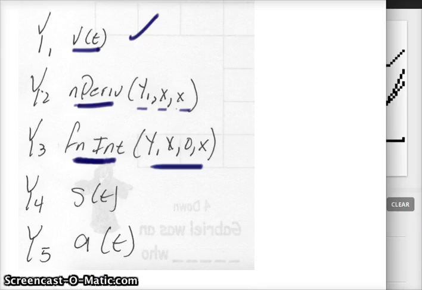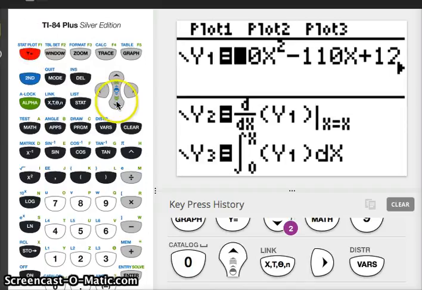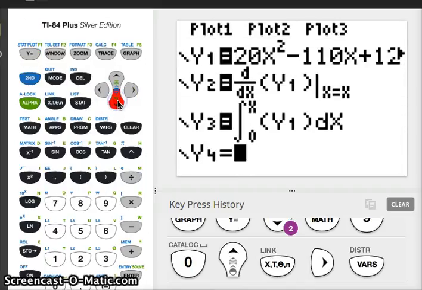All right, but we're not done yet. Let's actually, in y4, put the position function that we figured out earlier, and in y5, put the acceleration function in there. So let's see. Going over to the equation editor, we'll leave those there, and in y4, I'm trying to remember what it was.